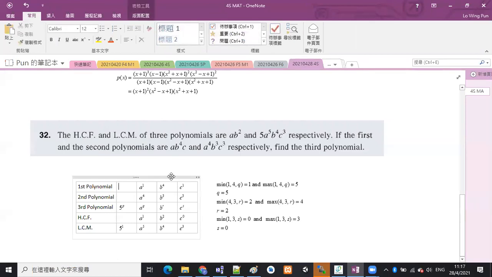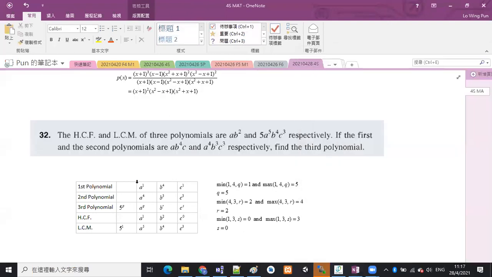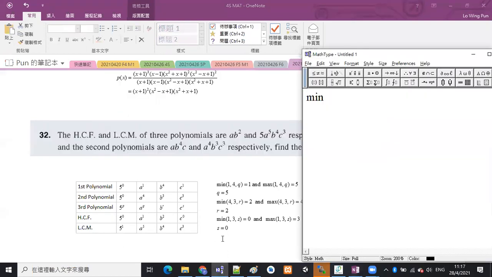And for the factor 5, it is also like this. We have 5 to the power 0 here. If there is no such factor, we may think of that as power 0. So the minimum among 0, 0, and p is equal to 0, while the maximum among 0, 0, and p should be equal to 1.